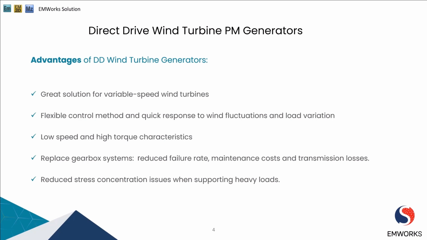This leads to enhanced reliability and also reduces the operational expense of the wind turbine. Also, direct drive technology alleviates stress concentration issues that arise when supporting heavy loads, providing a more durable and resilient solution. This structural advantage contributes to the longevity and sustainability of the wind turbine generators.